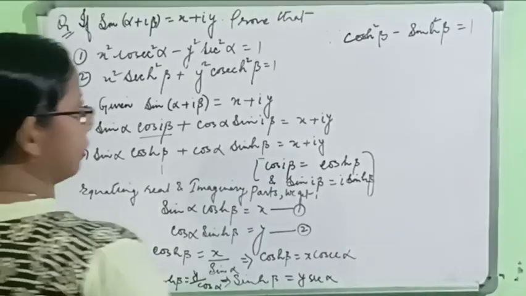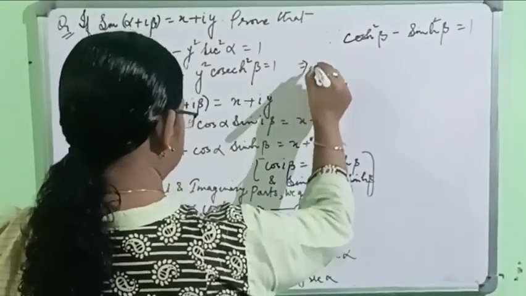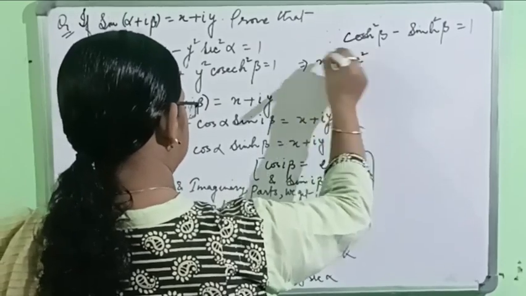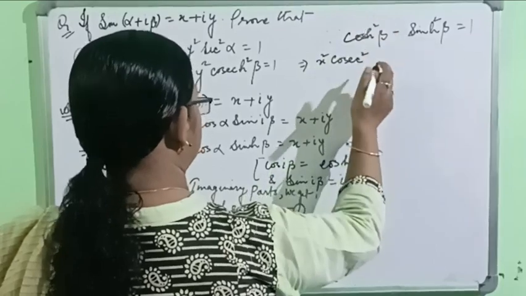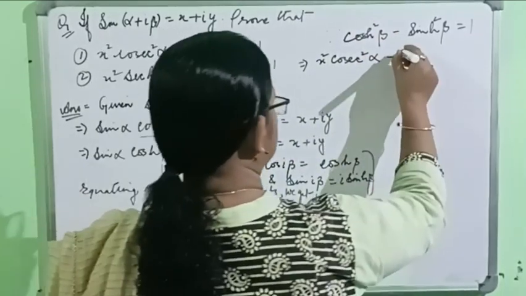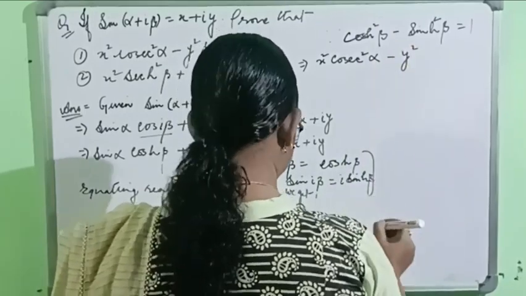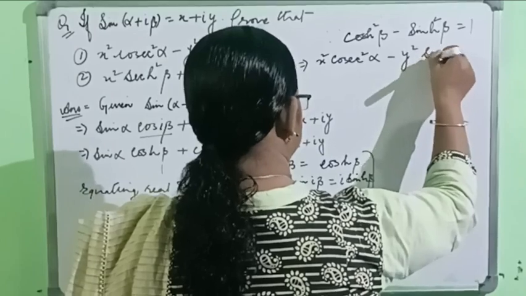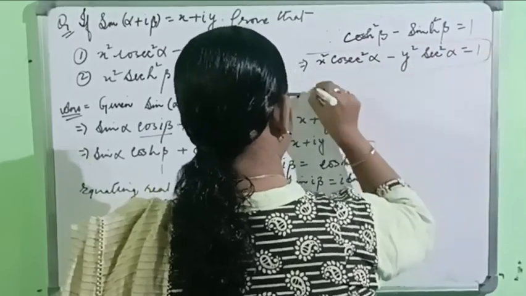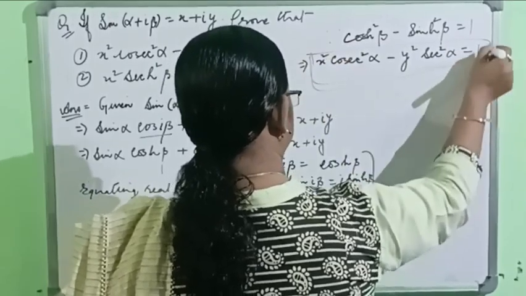We will get x square cosec square alpha minus y square sec square alpha equal to 1. That is, we have proved the first part.